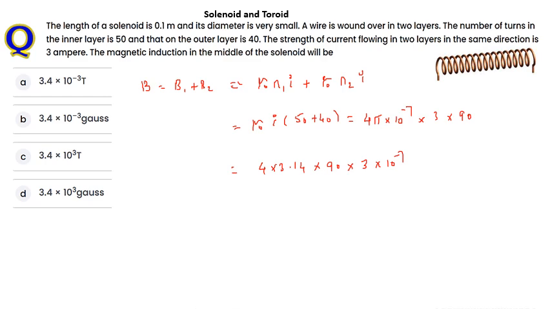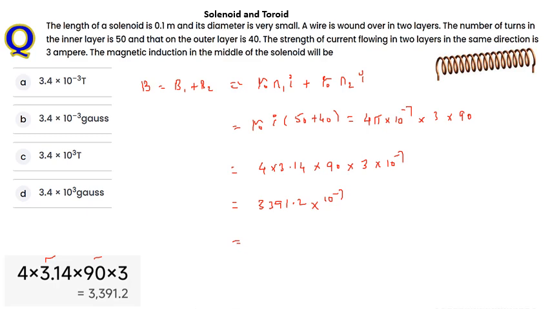Multiplying all of these, we get 3391.2 into 10 power minus 7. Rounding, that is 3.4 into 10 power minus 4, taking the 1000s out. Sorry, this is 10 power minus 3, 3.3, right? So the answer is 3.3 into 10 power minus 3 Tesla.